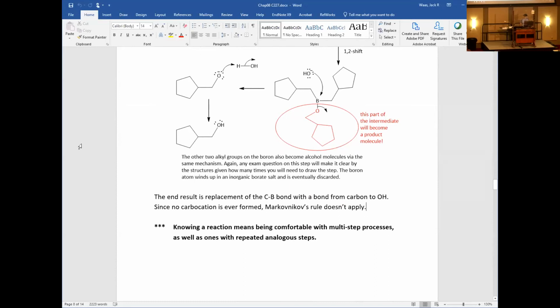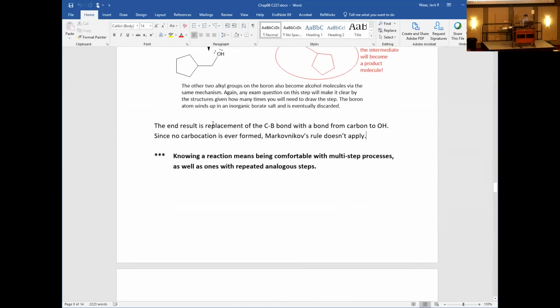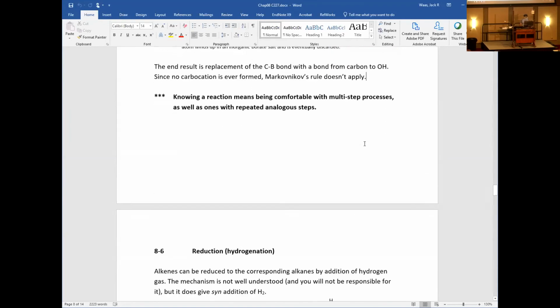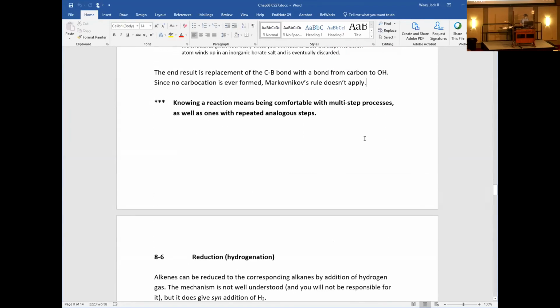Not like you suddenly made 3 times as many alcohols as you started with. In the end, each alkene molecule becomes 1 alcohol molecule. And again, the boron winds up in something inorganic, and as such winds up in the waste jug. But that's basically it for that. Good.